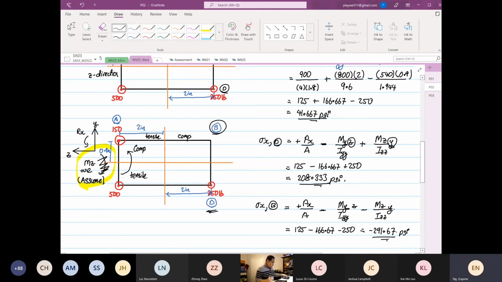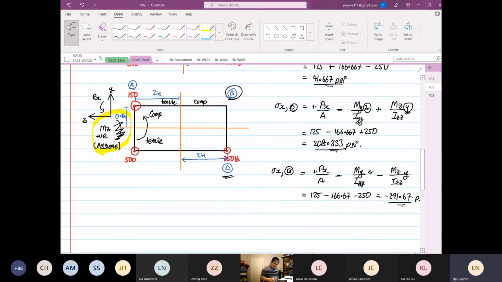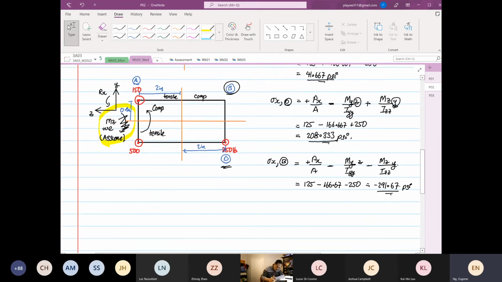Okay. Now there's a way to find the position of the neutral axis by using the formula, but I don't like to just plug in the formula. What do I mean by analyzing the formula? We're trying to find the position of the neutral axis.